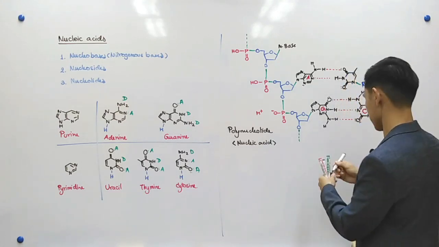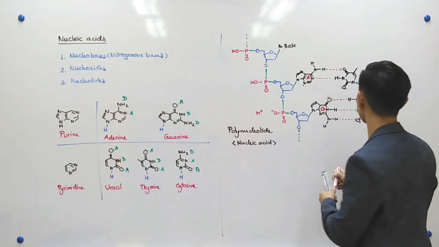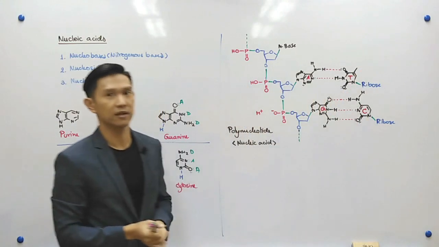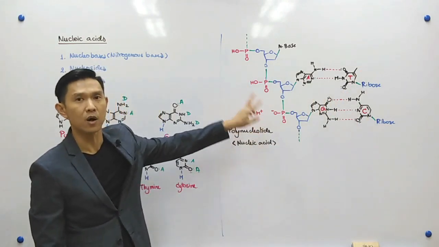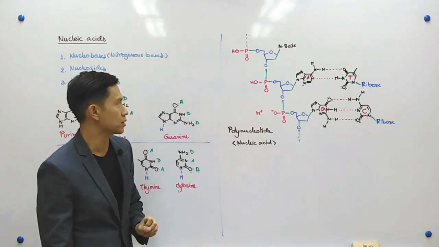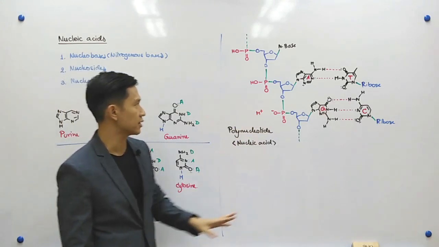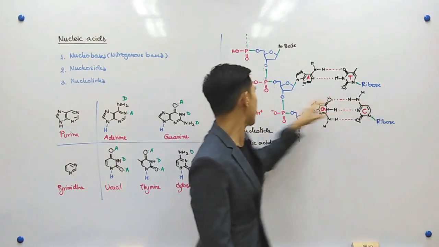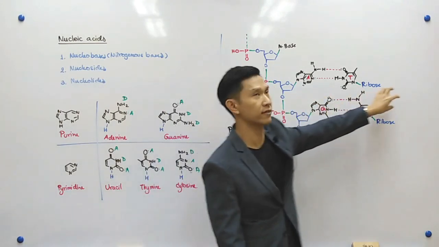An H over here. So as you can see now, thymine and adenine can lock together with two hydrogen bonds. As a result, as you can see from the structure, the ribose sugar and ribose sugar over here link together through the phosphodiester bond around here.